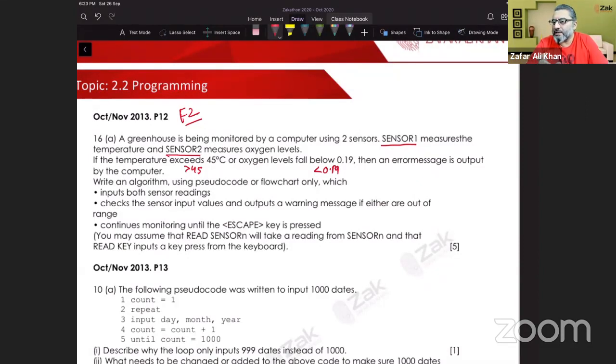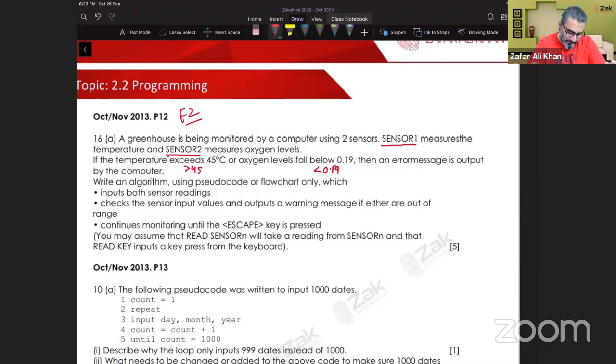It says continuous monitoring will be until the escape key is pressed. How will the escape key be read? It can be read that way. So we will just input something like escape, and we will say if escape is equal to true, something like that.